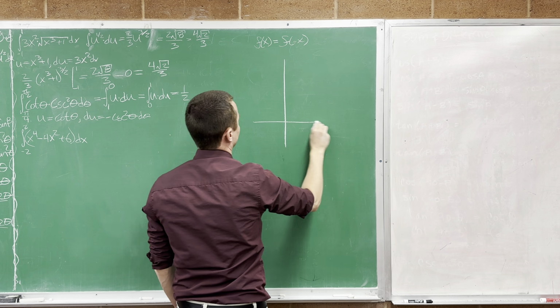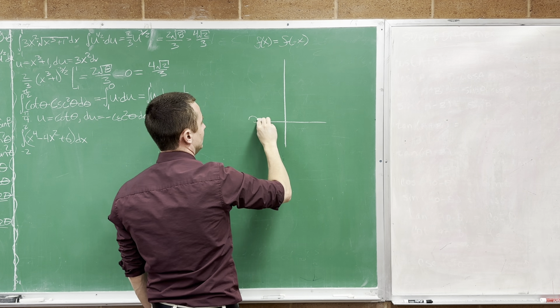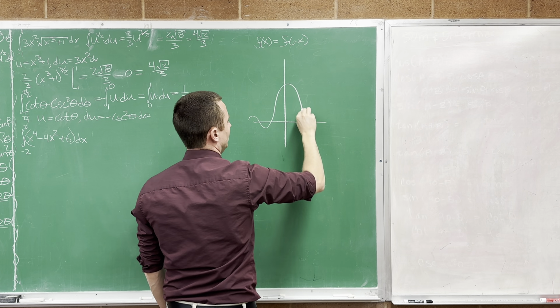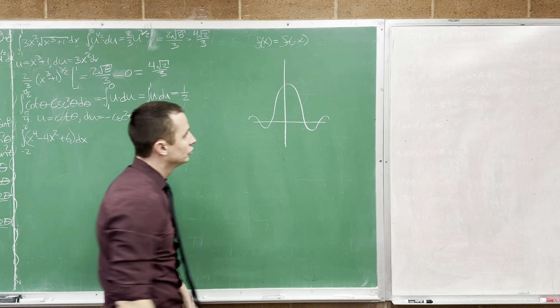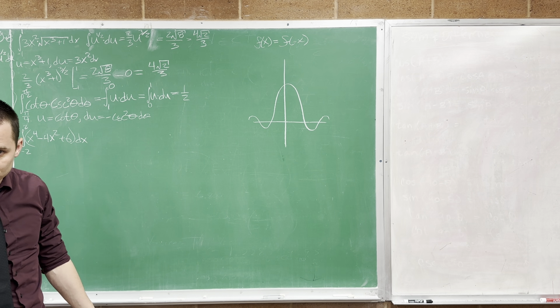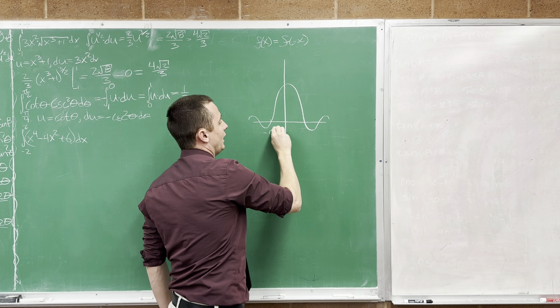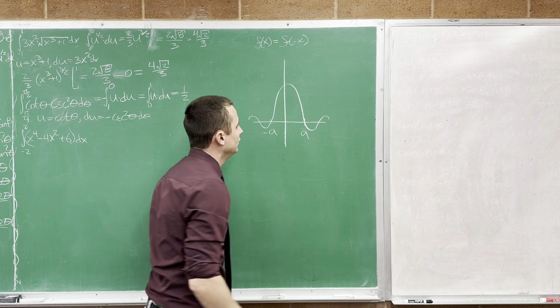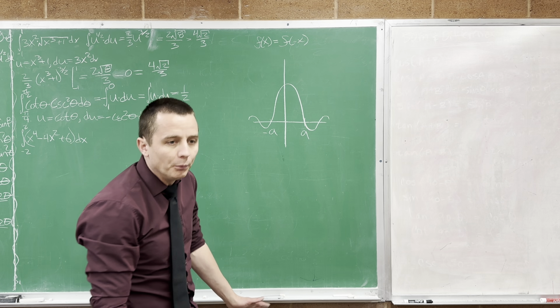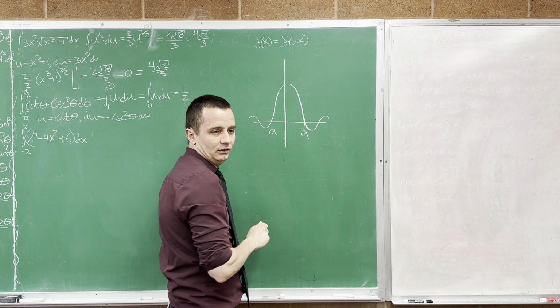So whatever it is, it could be some function. Let me write some random even function. I think you'll understand what I'm trying to do. Trying to make it somewhat symmetric. Then if we do the area from -a over here to a, notice that that's just going to be double the area going from 0 to a.